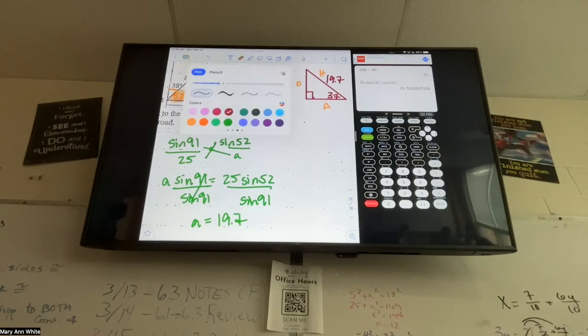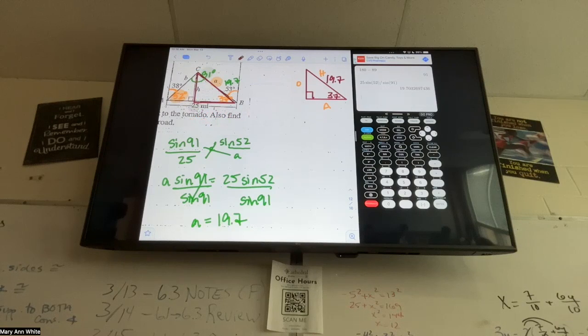What distance am I trying to find again? What should I label X? Is it my O or my A? My O, right? My altitude, the distance, or I guess they call it little h. You can call it whatever you want.